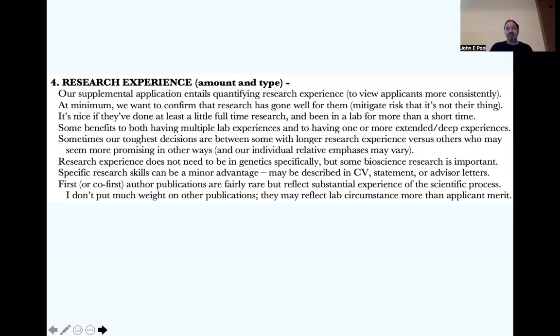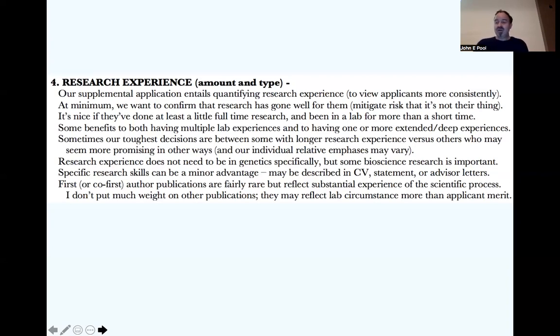But maybe we're choosing between that person, who's probably someone who's been out of undergrad for at least a few years, and someone else who may be coming right from their undergrad. And maybe they have more of a baseline level of research experience. So maybe not nearly as much as the first student. But maybe we see some particular potential with them.